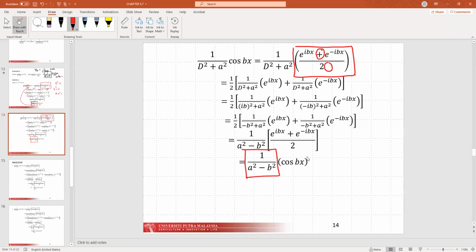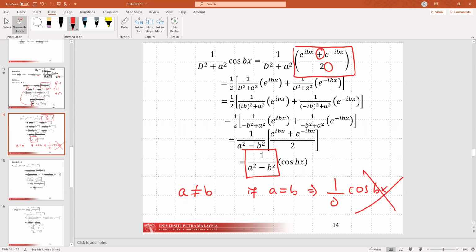So this is for when A tak sama dengan B. Sebab kalau A sama dengan B, dia akan jadi kosong. So if A equals to B, the result will be 1 over 0 cosine bx, which is kita tak nak benda tu. Okay, boleh setakat ni?